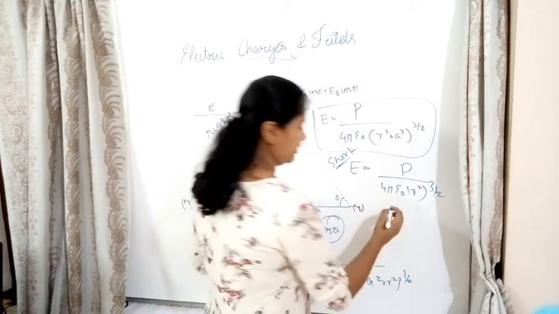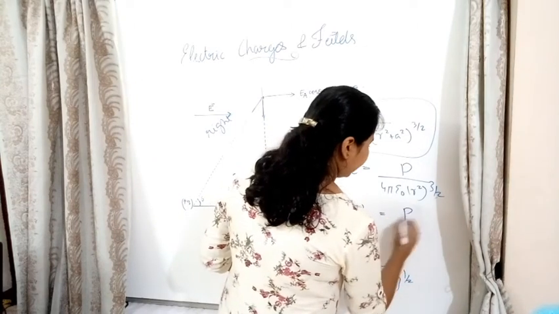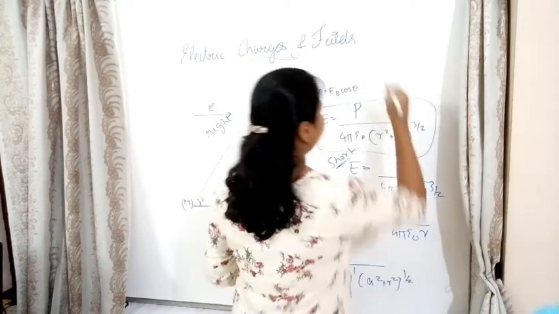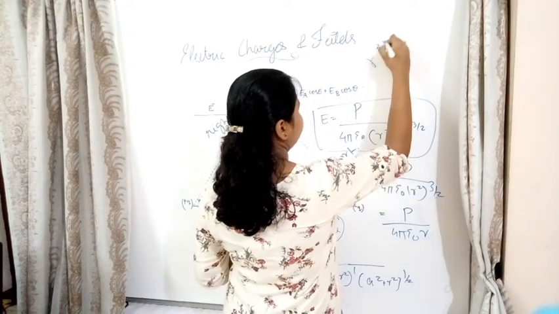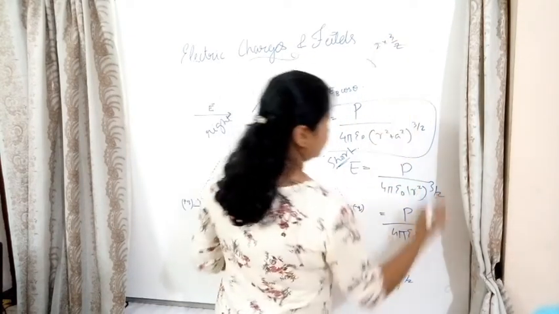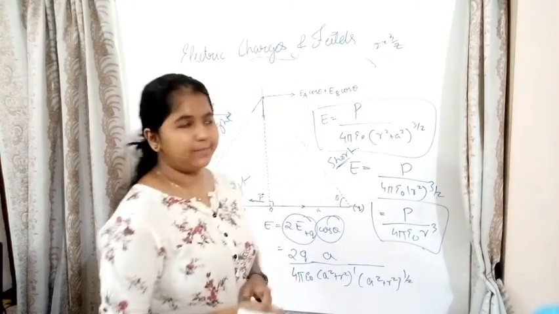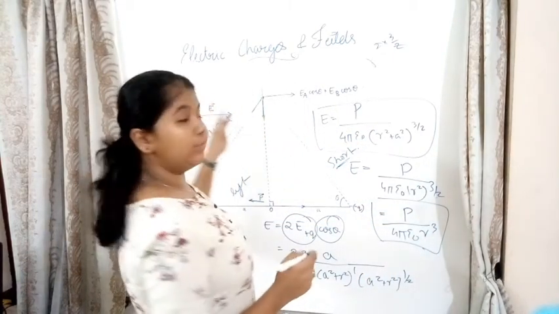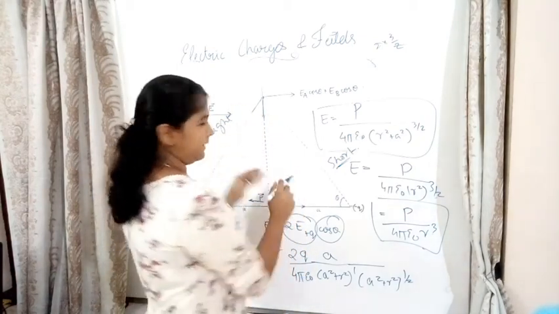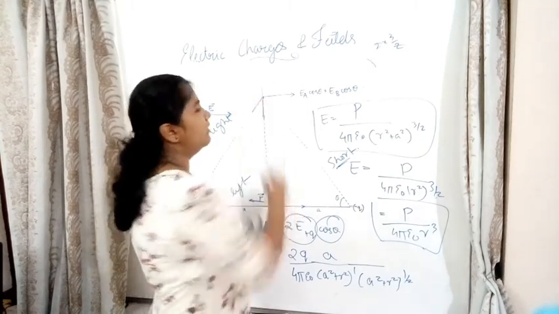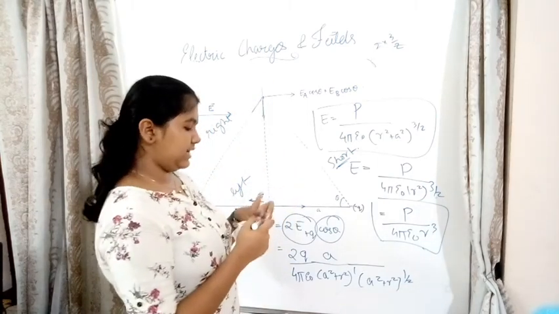That is P divided by 4 pi epsilon 0 R cube. So this is our equation for the electric field intensity on the equatorial line of a short dipole.